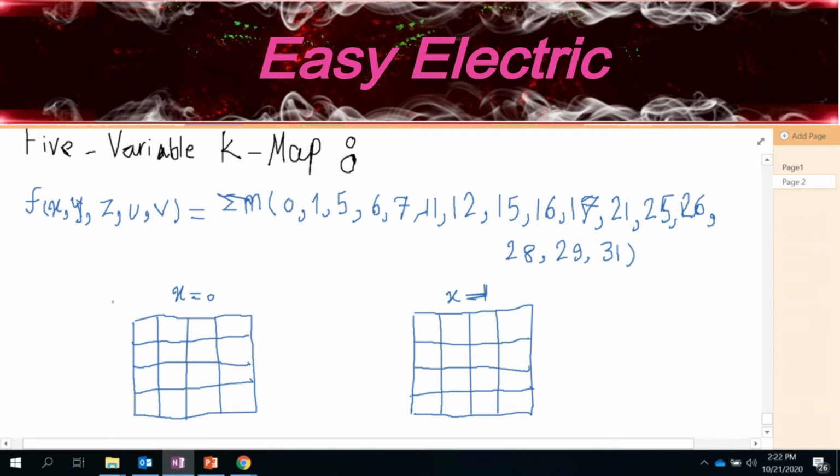So then for these, you put actually the yz here and uv here. Same here, yz here, uv here, okay? So similar with the others.